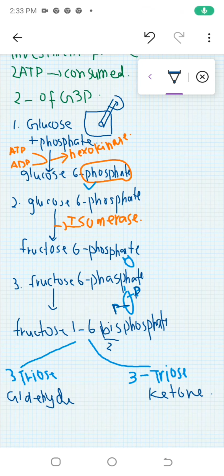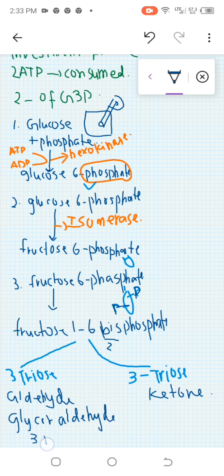So it will become glycerol aldehyde 3 phosphate. Fine.